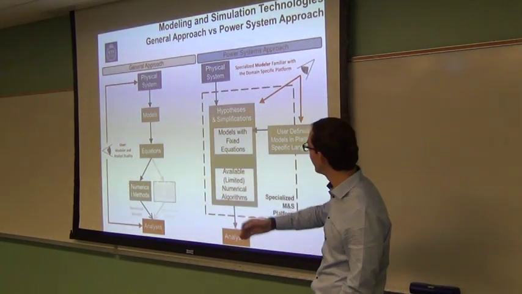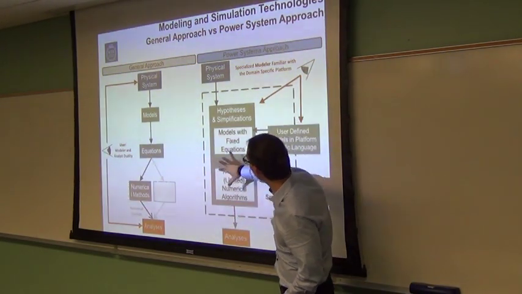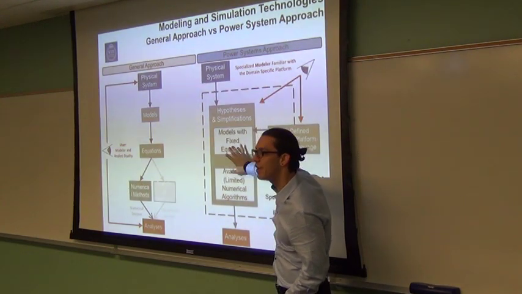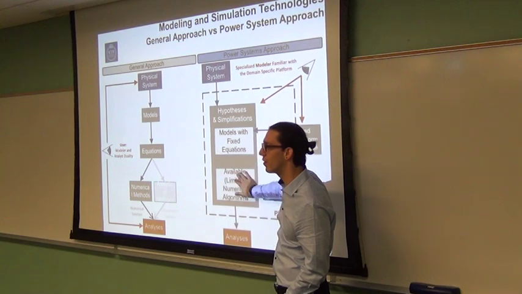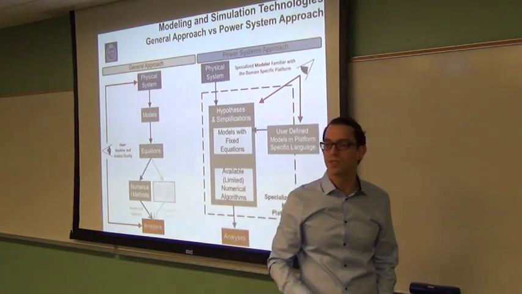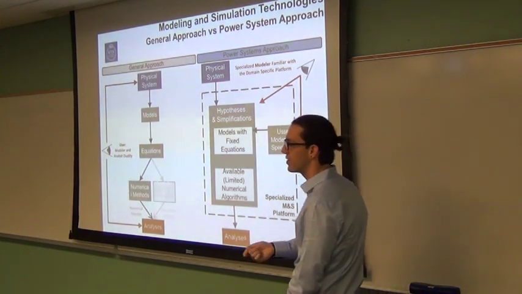Well, the challenge there is that even if those things are affected, it is very, very difficult for you to know what is the effect of the model and what is the effect of the numerical algorithm. So there are some problems like numerical oscillations, simulation accuracy errors, and so on.